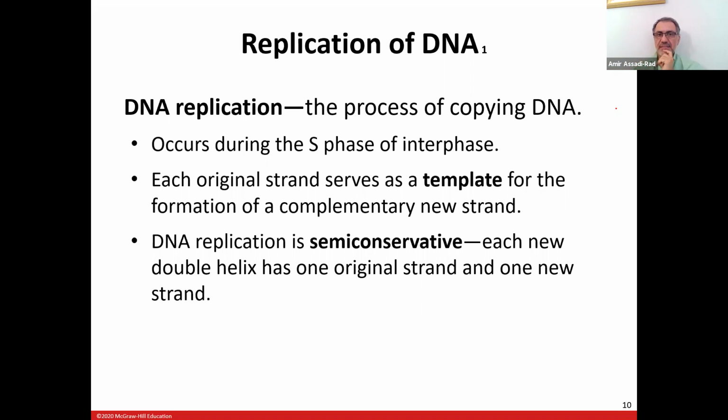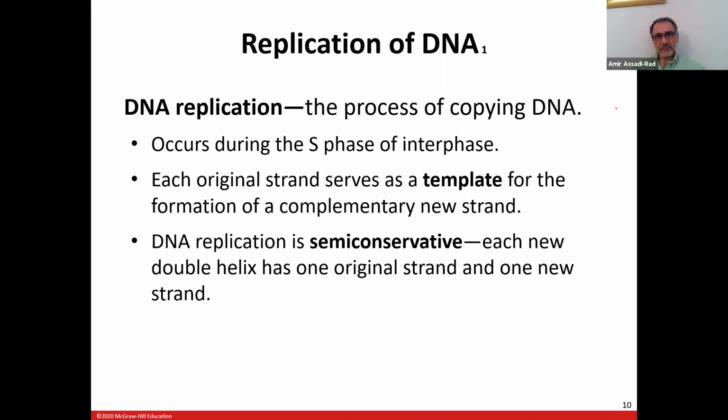Each original strand serves as a template. So when DNA is multiplying, one of these strands is a template. It means the other strand has to be built based on this one. That's what the template means. So this one is the original one, and then the other one is built next to it.